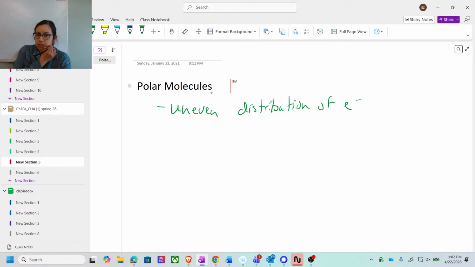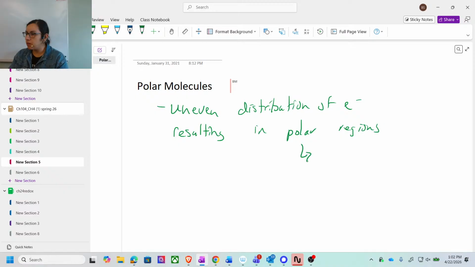So you said uneven distribution of electrons, and then I forgot the second half. Did you say resulting in? Yeah, I like that. So resulting in polar regions, which again, we'll make sure we're not using the definition in itself, but just uneven. Right, so that means more positive and more negative regions.